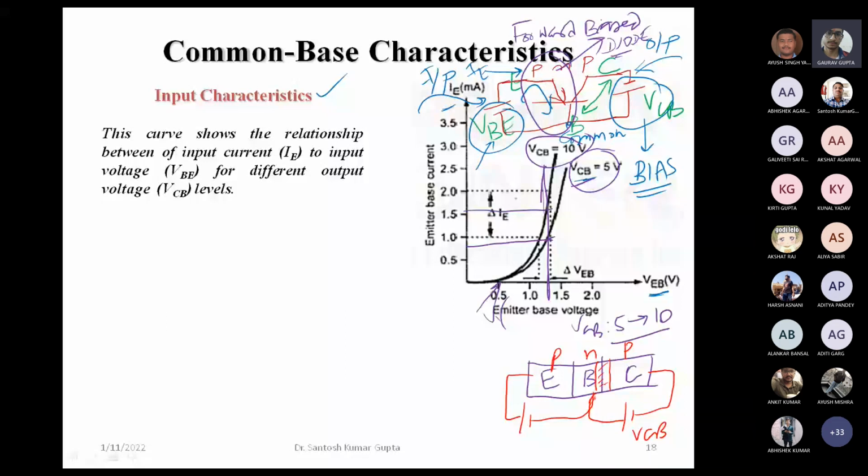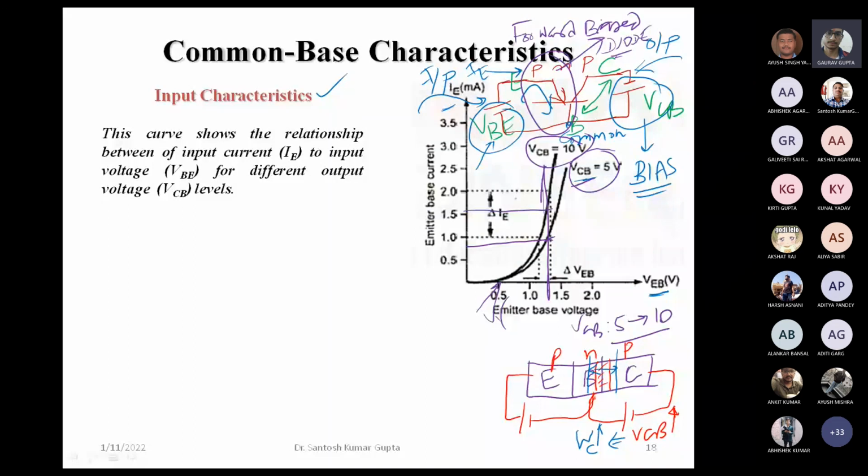As we increase this VCB, then we will also see an extension in the depletion width here. So the depletion width will increase. As VCB increases, the depletion width will also increase at the collector junction.